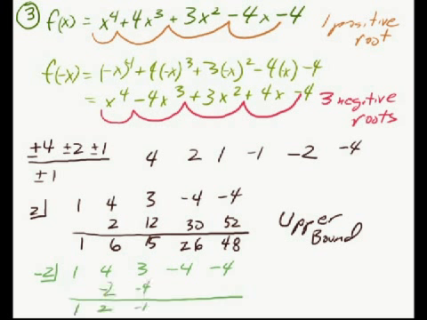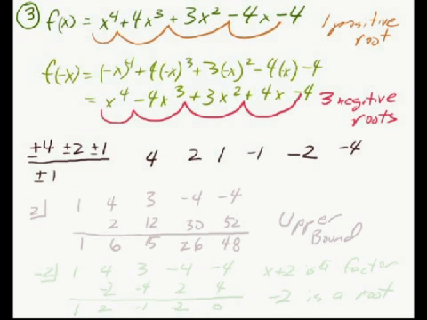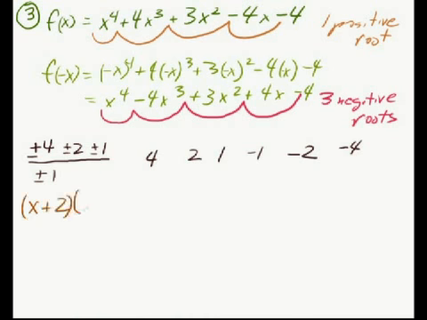Now I'll try negative 2, and I find, oh, I got lucky. So x plus 2 is a factor, and negative 2 is a root. So now I know that x plus 2 is a factor, which leaves this cubic factor here.